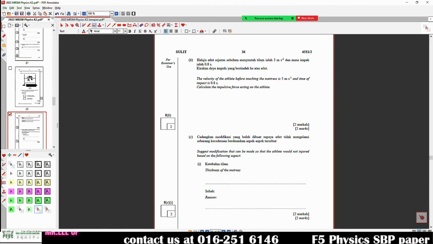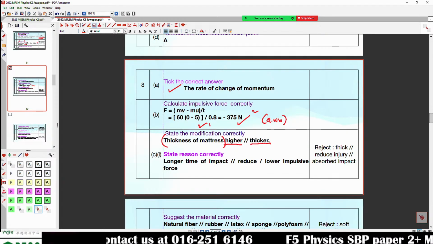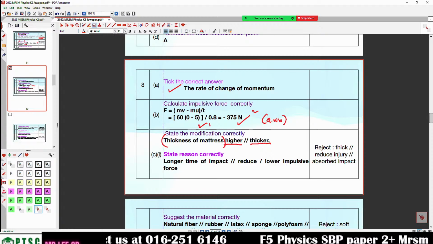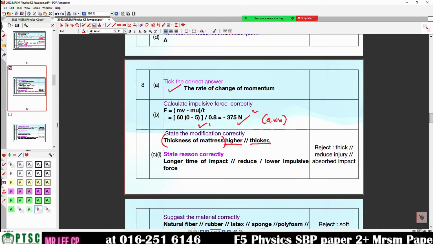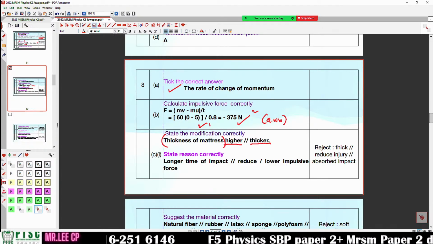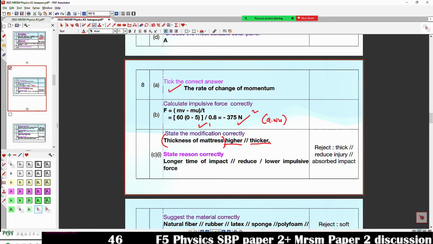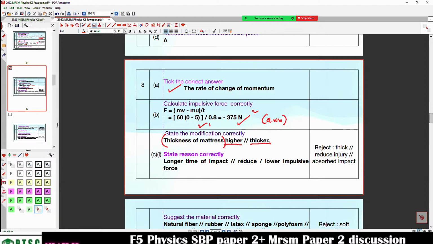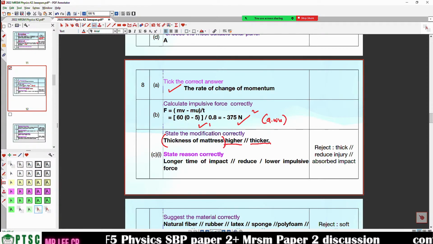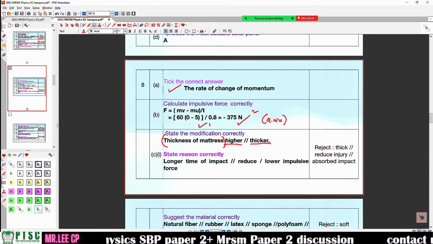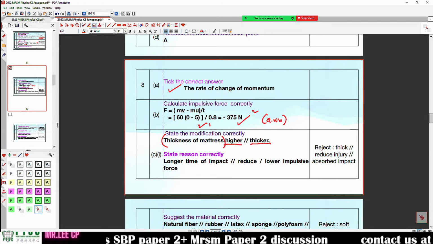Why? You see the answer? Thickness of mattress higher, correct. Thicker, correct. Reject thick mattress. If you lazily write thick, it is wrong. Longer impact time, lengthen the impact time, reduce the impulsive force. If you say absorb the impact, wrong.